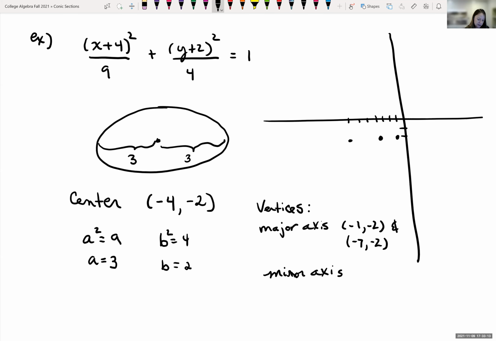My center's x value is -4. Going up 2 from -2 gets me to 0. And then it's -4, going down 2 from my center. That y value would be -4.